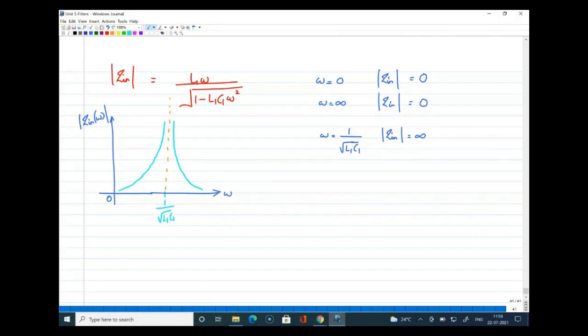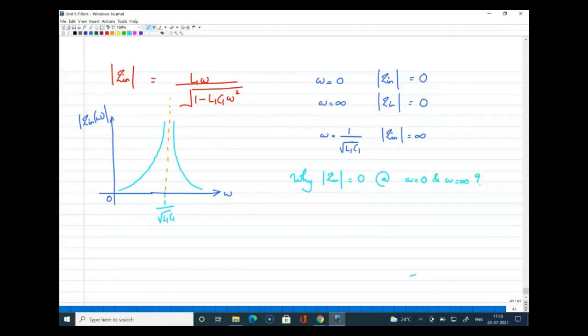So what do you think, intuitively, what you can comment on the impedance of the tank, why it is going to 0 at omega equal to 0 and infinity? Why is this magnitude equal to 0 at omega equal to 0 and omega equal to infinity? What do you think?